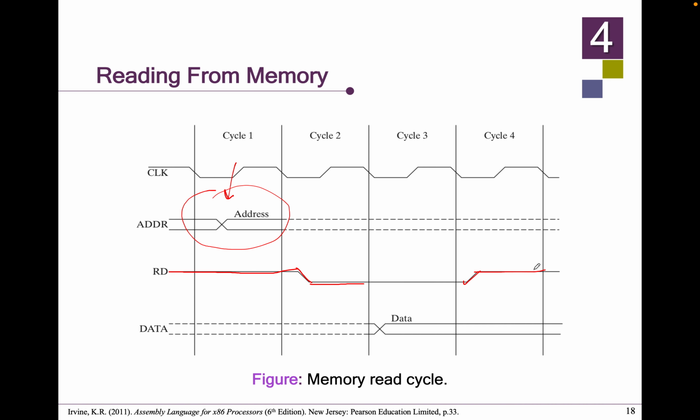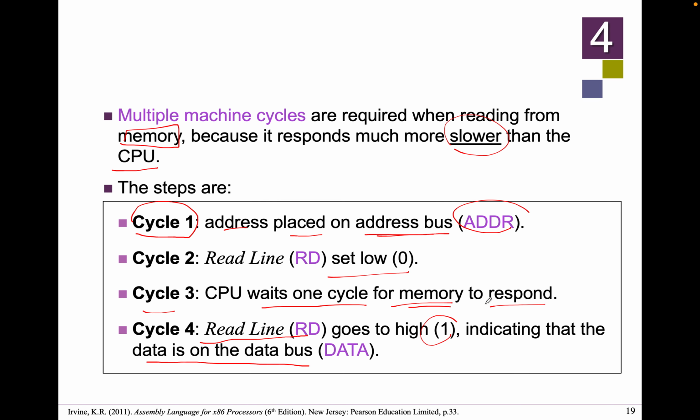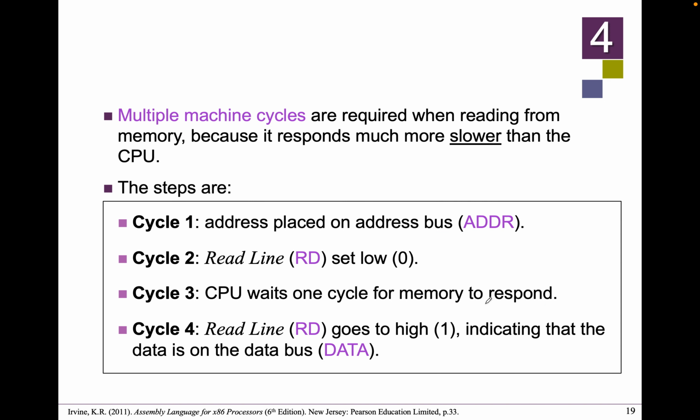It becomes 1 to indicate that the data is already there. It waits for 1 cycle, and after that it sees the data is already there. It needs to wait first, then it has the data. So this is the flow for multiple machine cycles required when reading from memory.